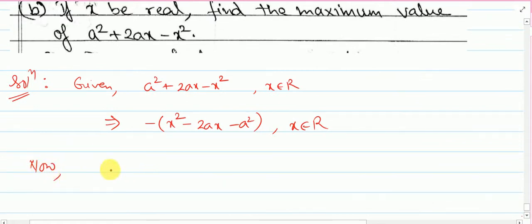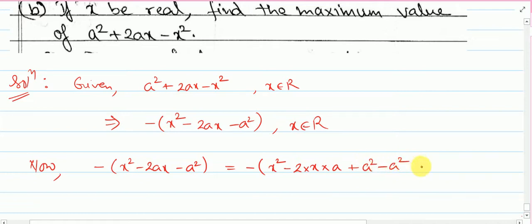Now I will try to complete the square. Here I am adding a square and subtracting a square.